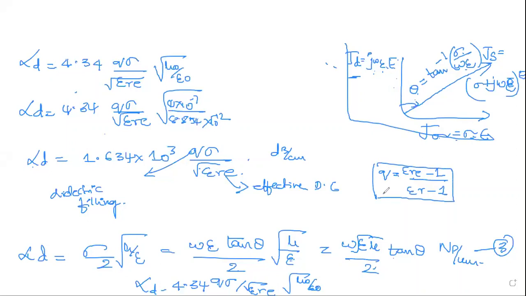This is called dielectric filling, that is q, which will relate your dielectric constant as well as effective dielectric constant, given as epsilon re minus 1 over epsilon r minus 1. So the final equation of your attenuation constant with respect to the dielectric constant or effective dielectric is 1.634 into 10 to the power 3 q sigma divided by square root of epsilon re. Consider this as fourth equation.